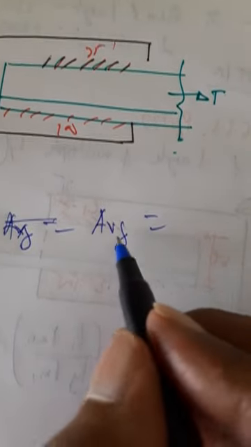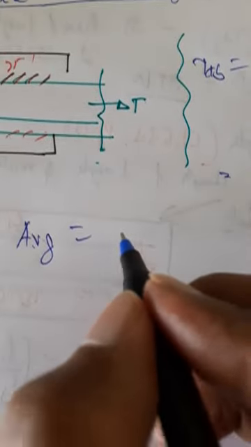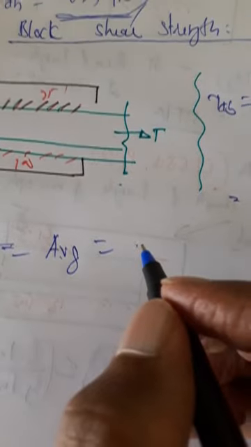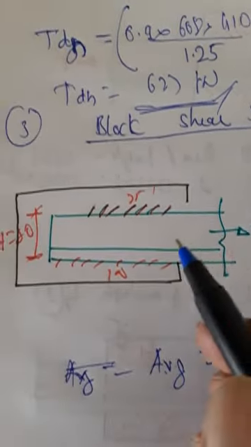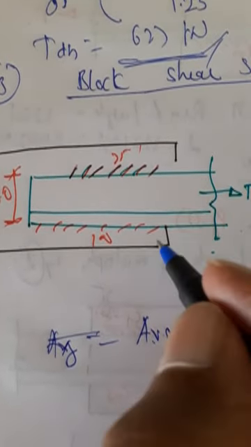Here V indicates shear, shear means parallel, G indicates gross. So I will write value parallel to load. So here parallel to load is LV, this value.